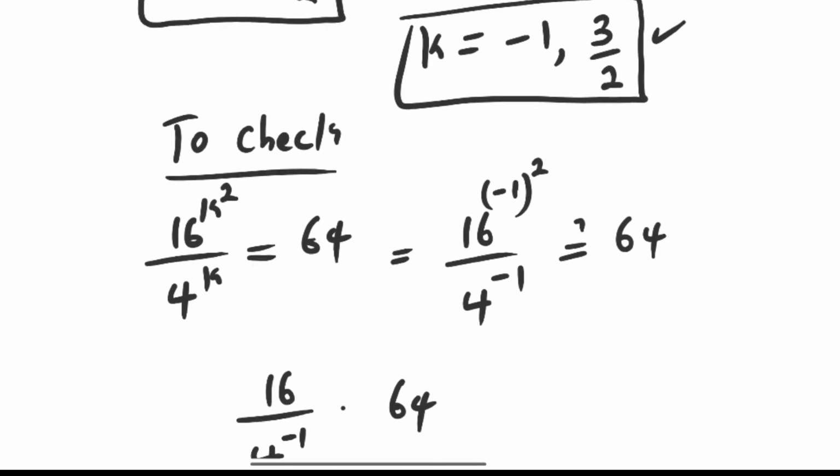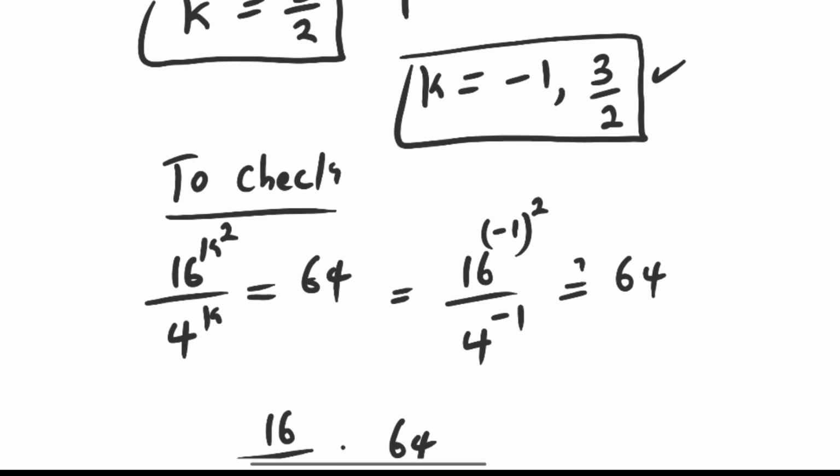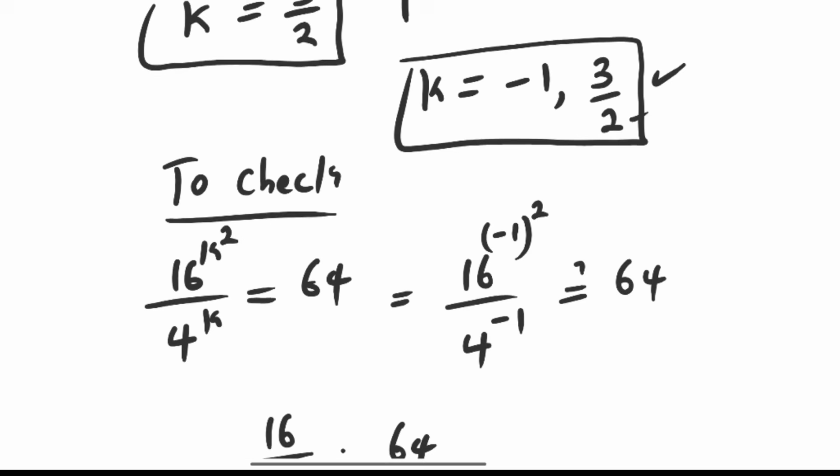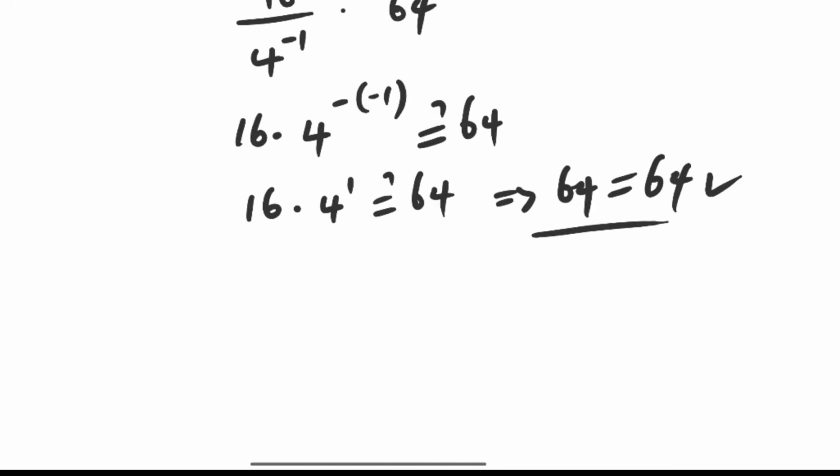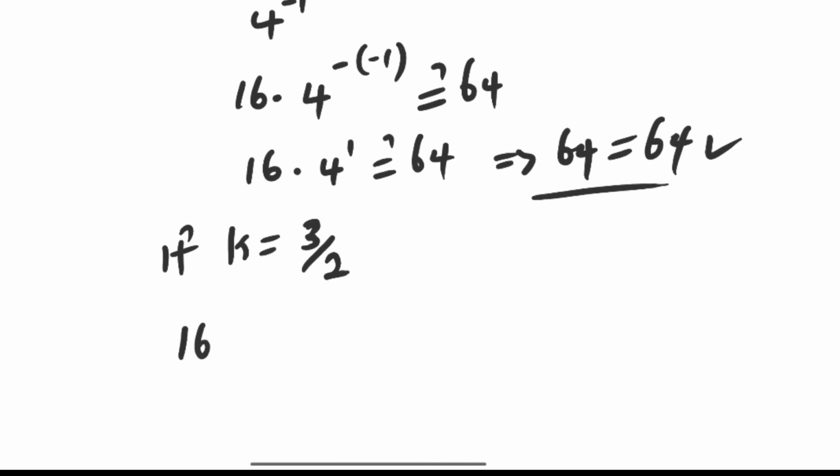Now let us consider if k is equal to 3 over 2, and this is 16 raised to power k square over 4 raised to power k must be equal to 64.